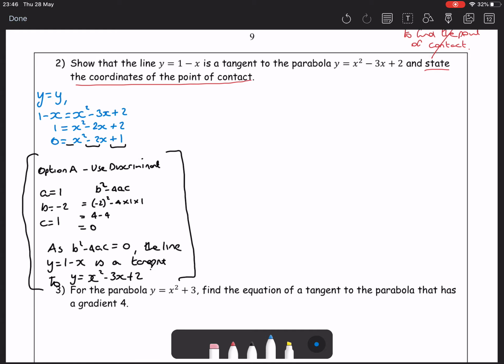Therefore, your option 2, or option B, sorry, factorise and solve. So from there, again, we're just going to use our resulting quadratic.